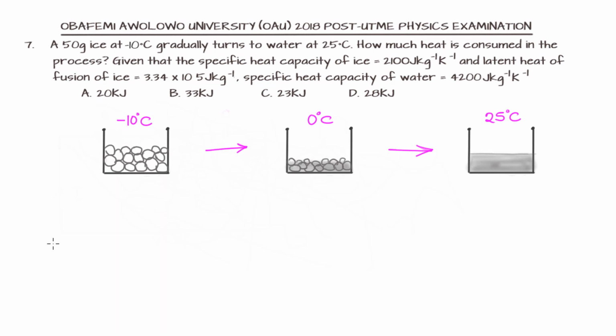We need to know the heat consumed per stage. And if you add them together, we know that that's the heat consumed by the whole process. So now, for each of the stages, you can call the heat H1, H2, and H3.